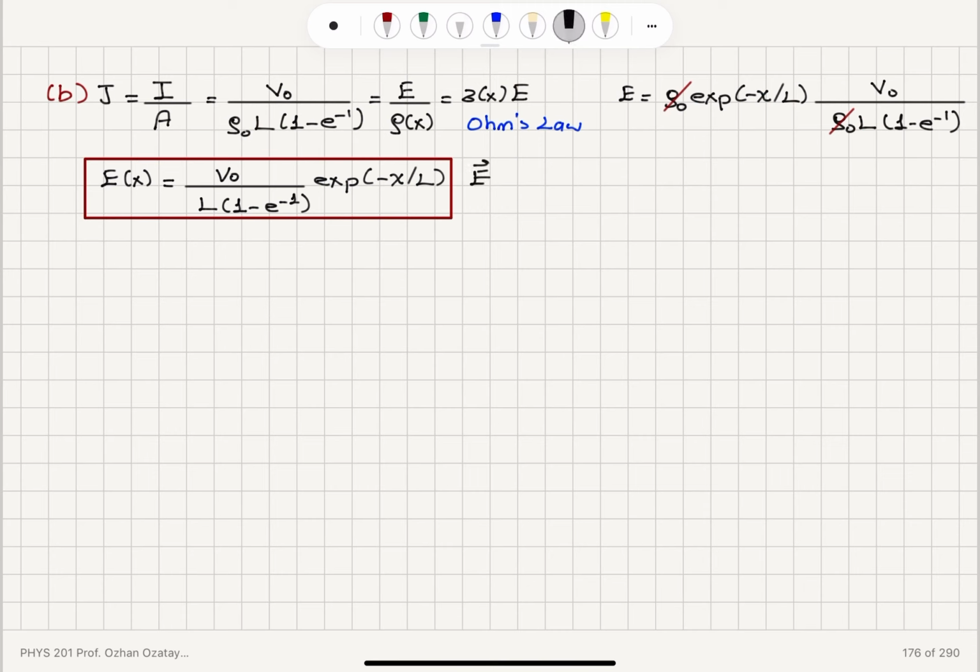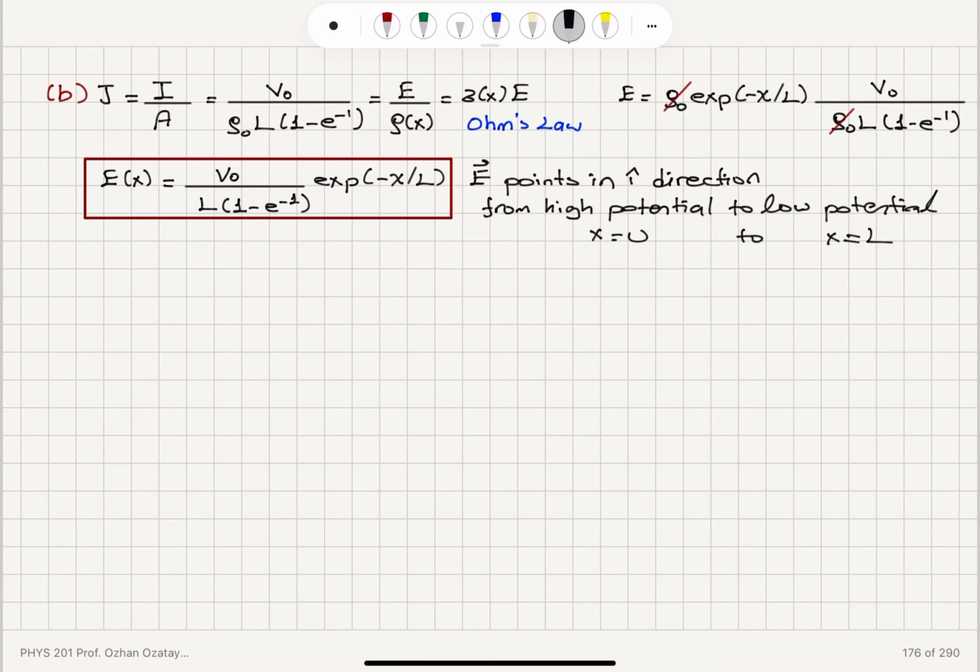Electric field vector points in the i hat direction, which is directed from high potential to low potential, which is from x equals 0 to x equals L.